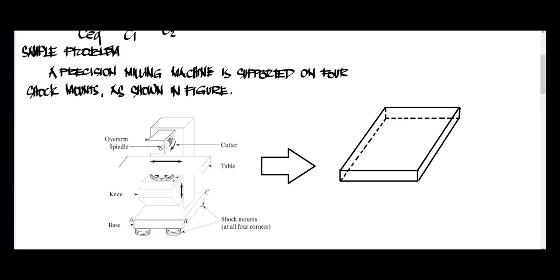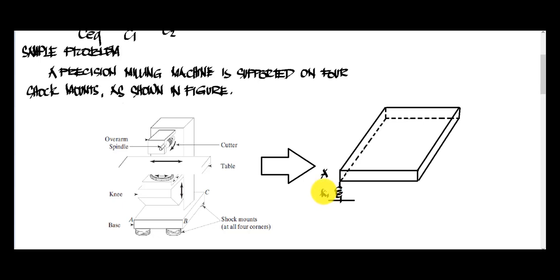Now I'm going to draw here to model these combinations of springs and dampers. So we have the spring acting right here. I'm going to name this point A, and this will be our K sub 1.